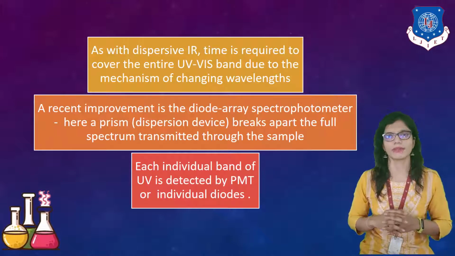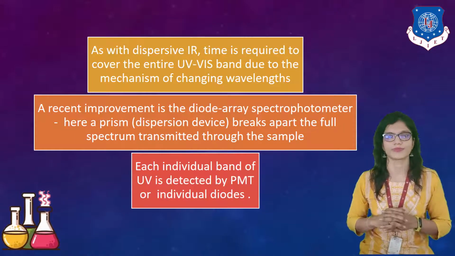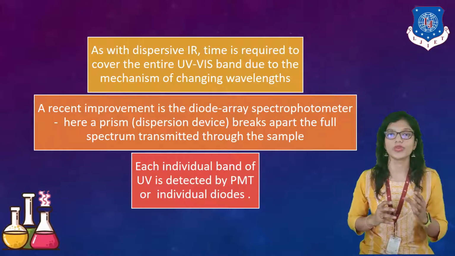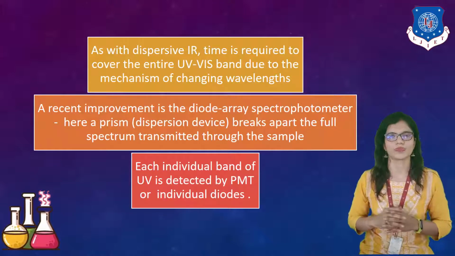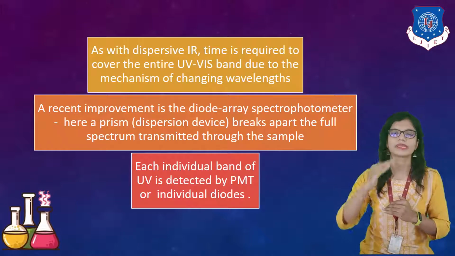What do you mean by PMT? PMT stands for photomultiplier tube, which is a very specific detector for UV visible. What is the meaning of photomultiplier tube? We have a series of anodes present there.